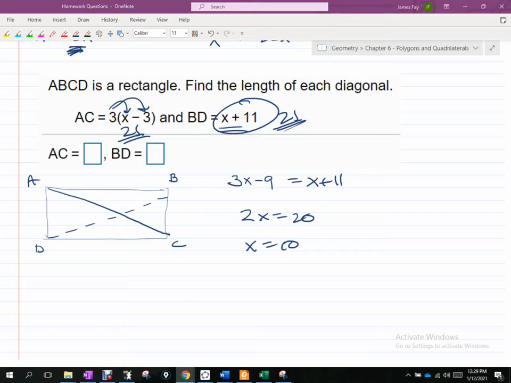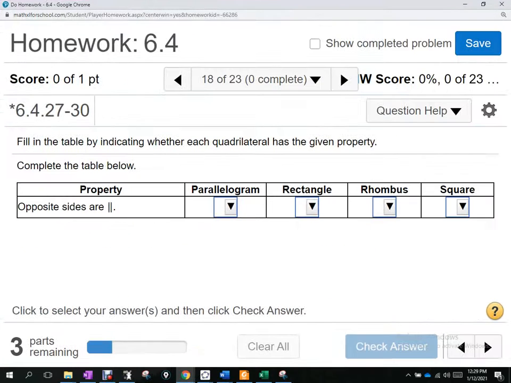Do you know what these are here? All right, so opposite sides are parallel. You guys can't see it, we're on screen. There we go. Opposite sides are parallel. Is that true for a parallelogram? Okay. Do I need to think about any of the other questions?